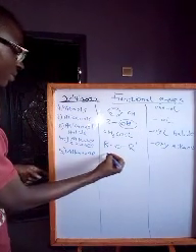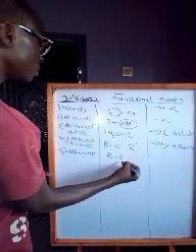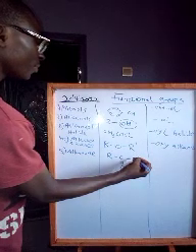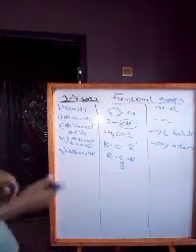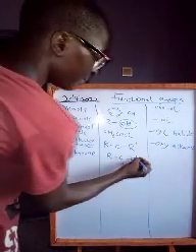Alkanones have the general molecular formula R, then this is called the carbonyl group, then RCOR. So this is the general formula of an alkanone. The R might be the same or might be different.